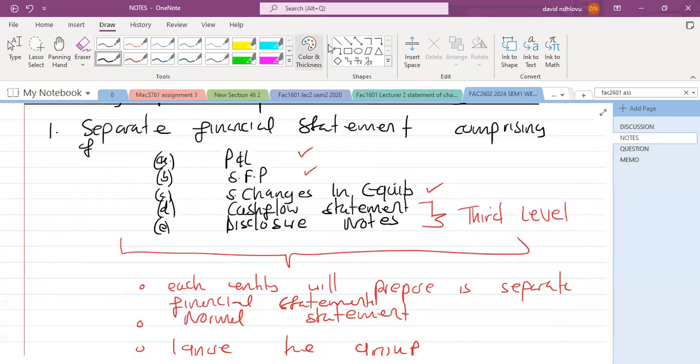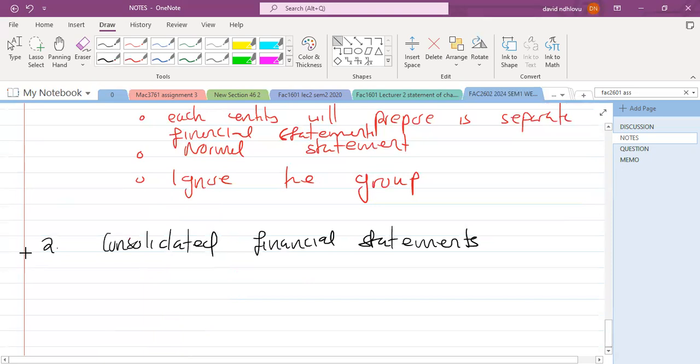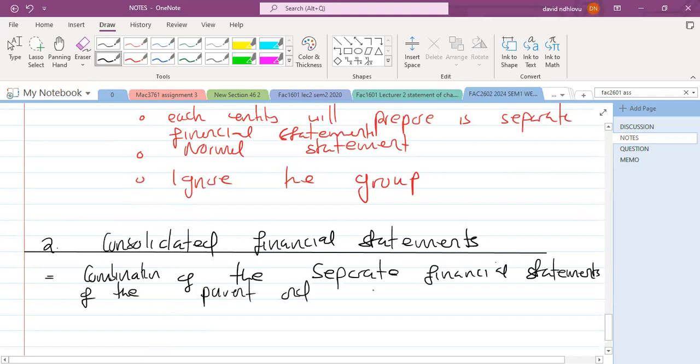When you look at the consolidated financial statements, this is a combination of the separate financial statements of the parent and the subsidiary, after adjustments.